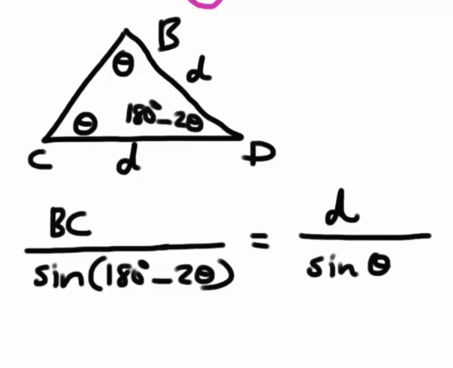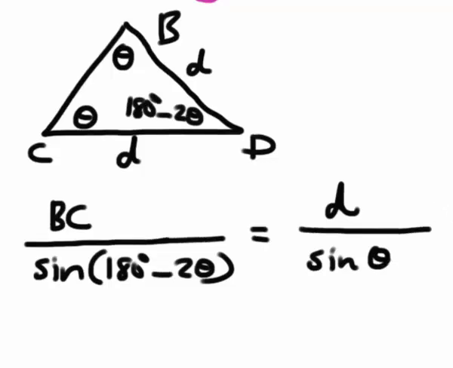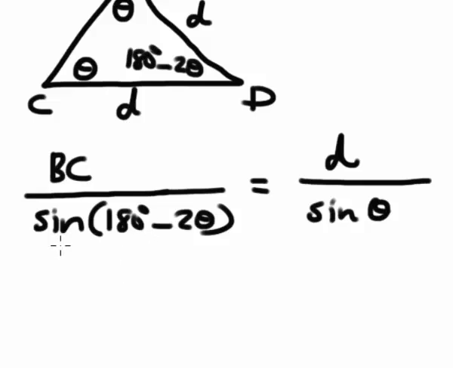Look at that. Now come on, what do we know now? Well, this is a reduction. Sine of 180 minus 2 theta is positive sine 2 theta. That's the second quadrant, so if you use your rules from grade 11, sine of 180 minus is positive sine 2 theta.